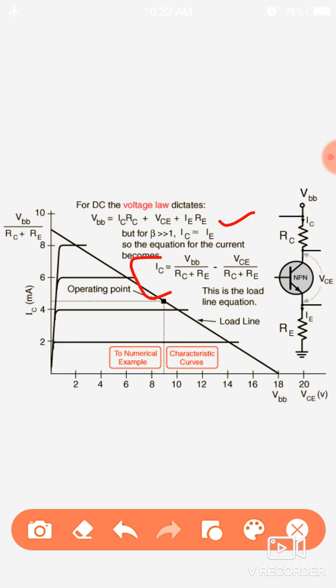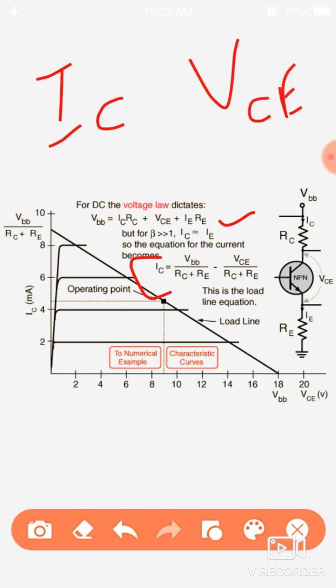Now we will find the graph between the current passing through the collector and the voltage applied between the collector and the ammeter, VC. Then what will we find?